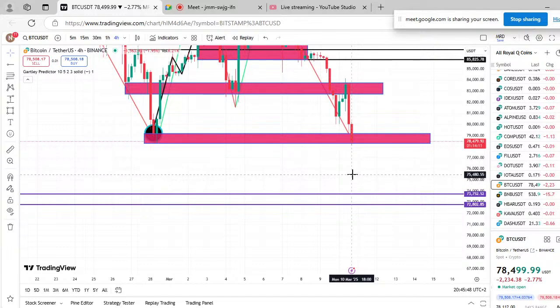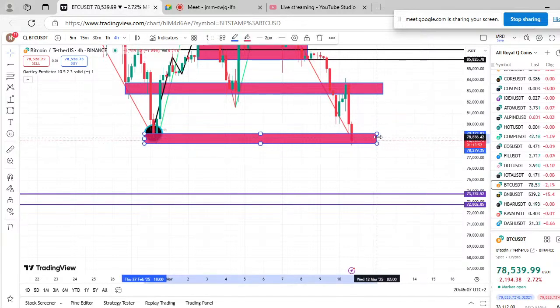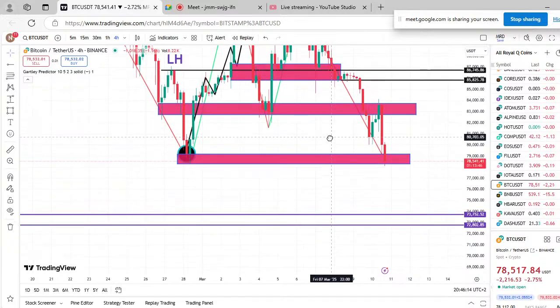So whenever you see the market dropping, you also go to check Bitcoin whether it is dropping or not. When you find it dropping, automatically the rest will follow. So don't ask yourself why the market is dropping. It is breaking structures. Whenever it breaks structure, automatically it will have to drop.